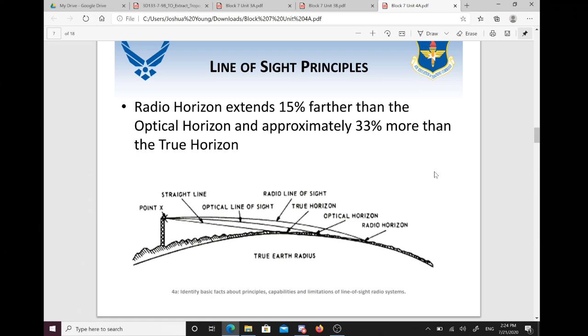So if you're ever thinking, oh, hey, I don't remember the true Earth radius and how the optical horizon relates to the true horizon and the distance between those two, then you can always come back and reference this slide or watch the video over and get to this point, right? So your radio horizon is going to extend 15% farther than your optical horizon and approximately 33% more than your true horizon.